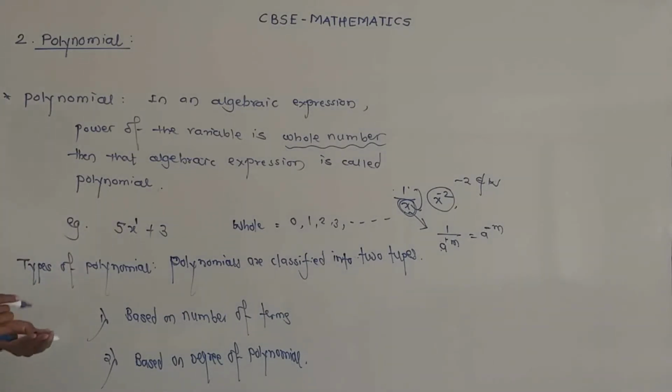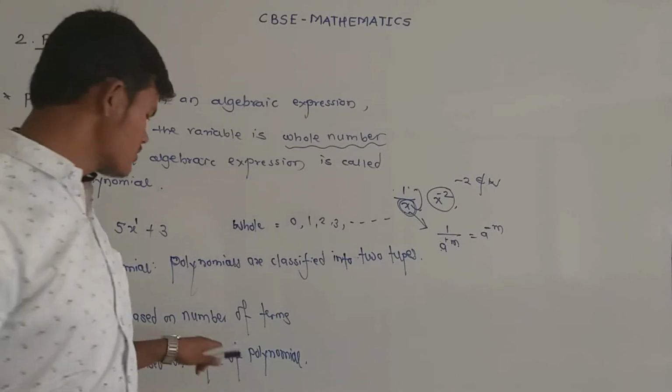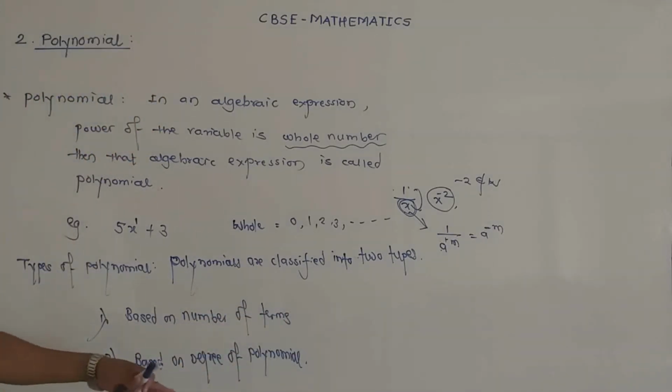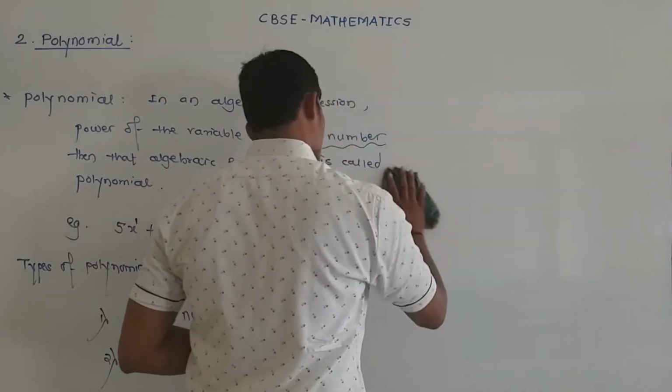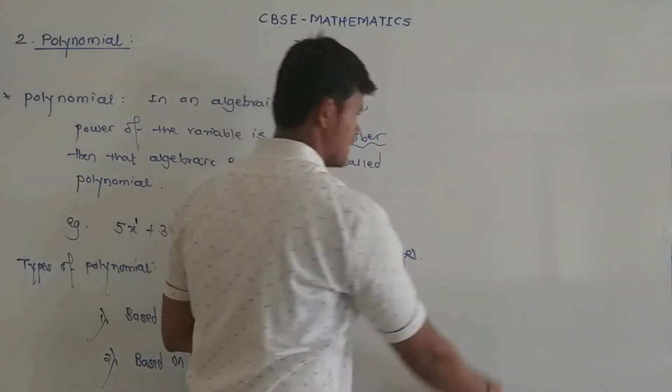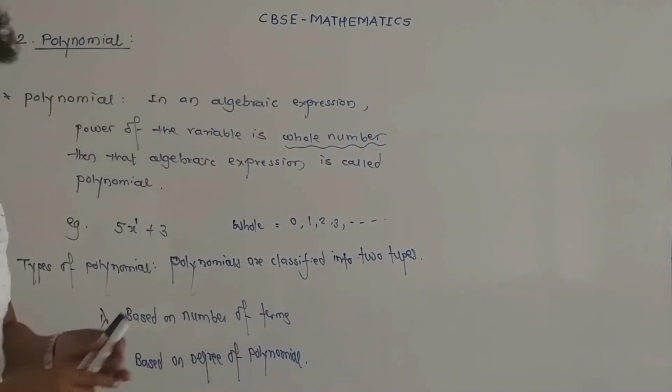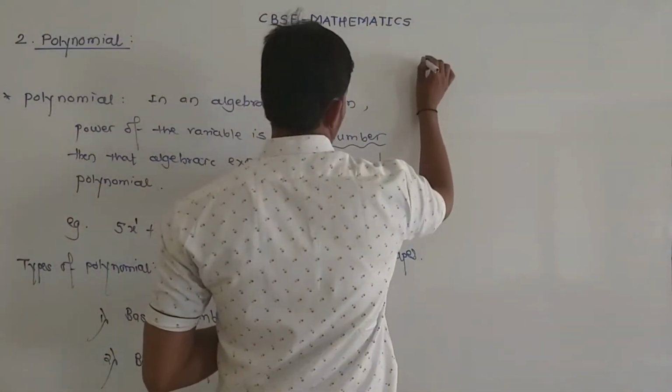So now types of polynomials. Polynomials are classified into mainly two types, that is based on number of terms and based on degree of polynomial. Based on number of terms, there are three types. Here we have to just count the number of terms.